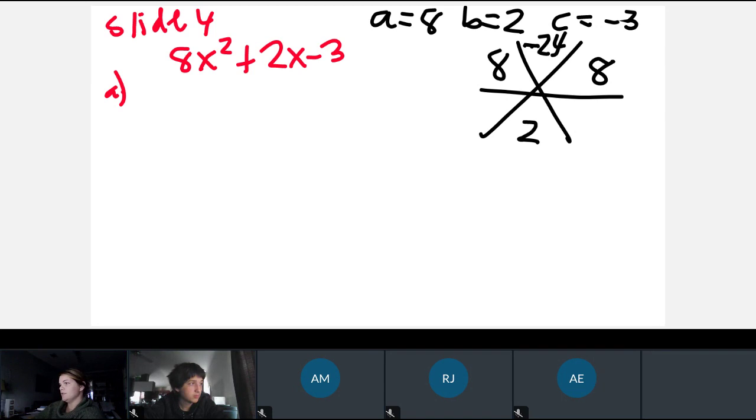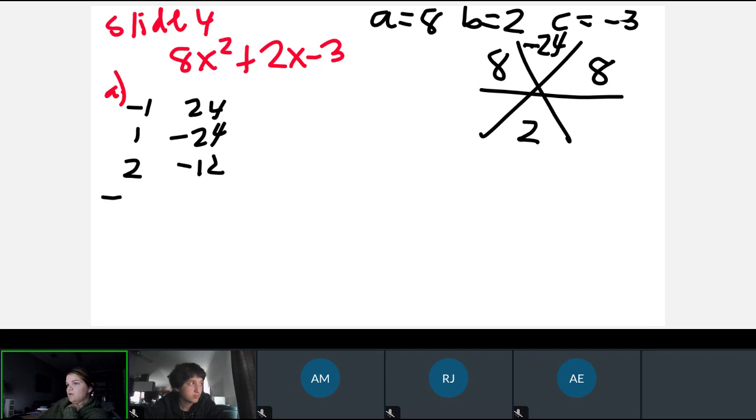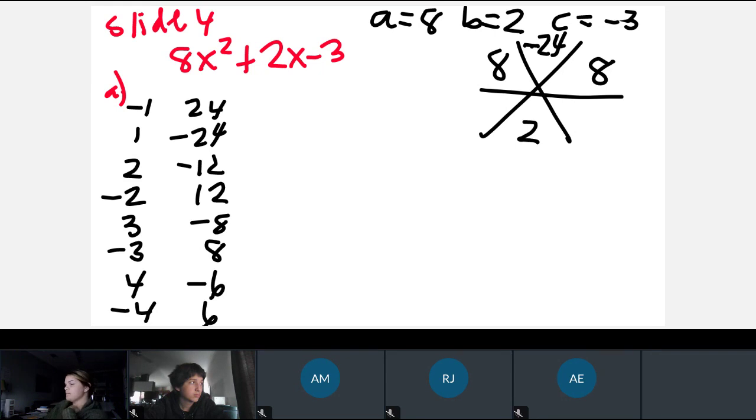That means one's positive, one's negative. So I would have negative 1 and 24, or 1 and negative 24. I would have 2 and negative 12, or negative 2 and 12. I would have 3 and negative 8, or negative 3 and 8. And then 4 and negative 6, or negative 4 and positive 6.